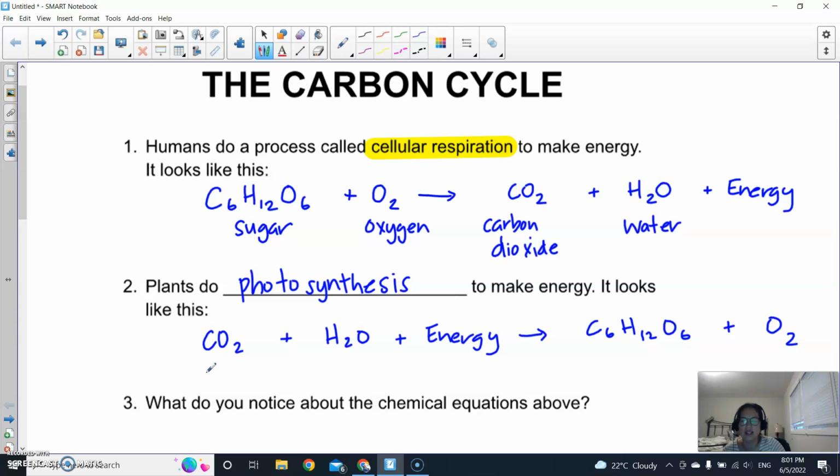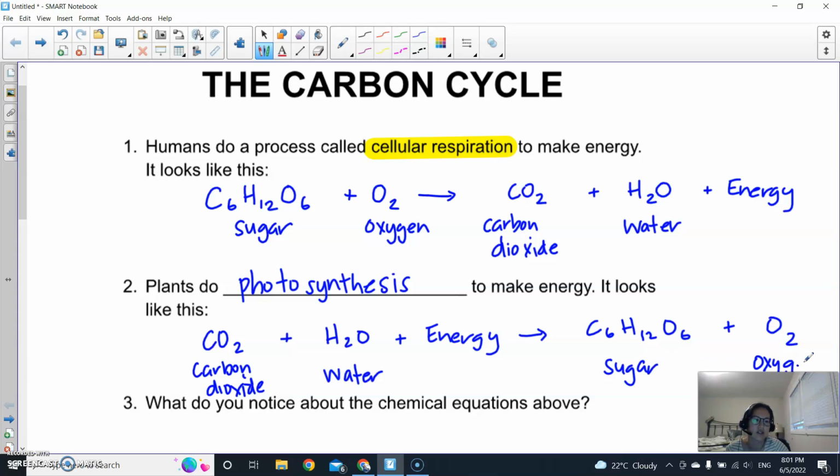We're going to write these things down. Pause it if you need to. So we've got carbon dioxide, we've got water, and we've also got energy, and then over here we've got sugar, and we've also got oxygen.